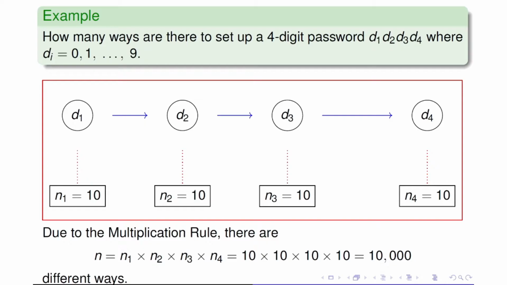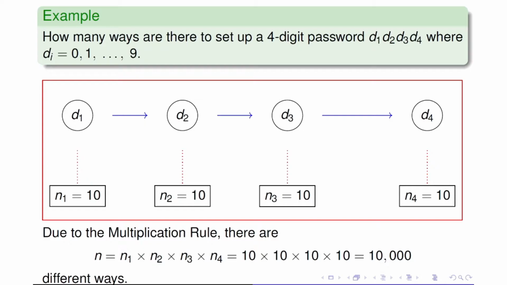Since D1 can be from 0 to 9, there are 10 possible ways for choosing a digit for D1. Similarly, this is also true for D2, so n2 equals 10, n3 equals 10, and finally n4 equals 10.